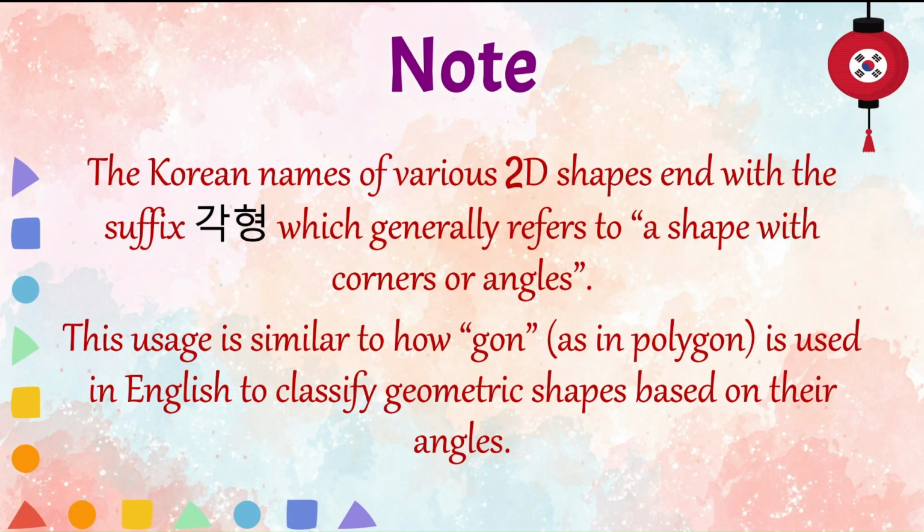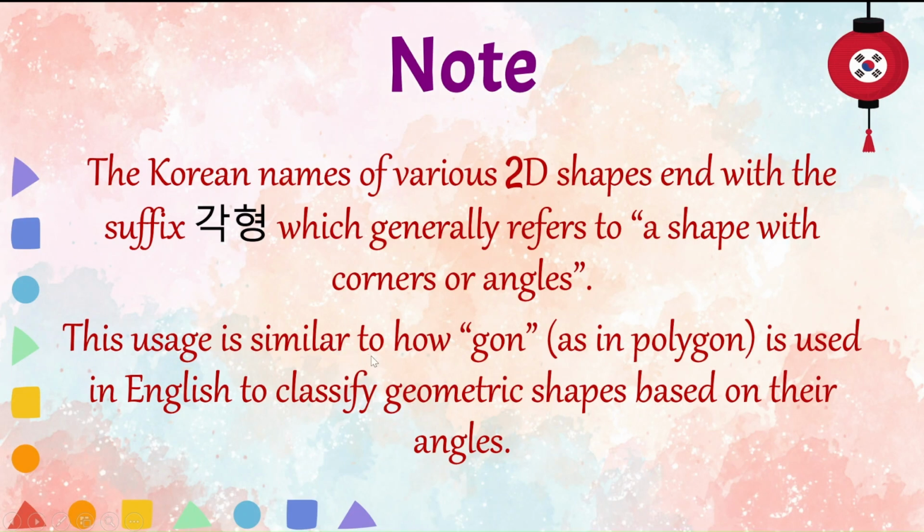So, the Korean names of various 2D shapes end with the suffix gakhyeong, which generally refers to a shape with corners or angles. So basically, what I mean is those shapes that have corners or angles in them, they end with the suffix gakhyeong.